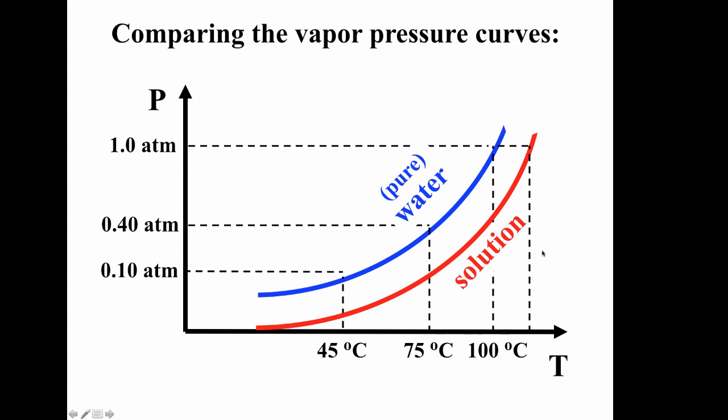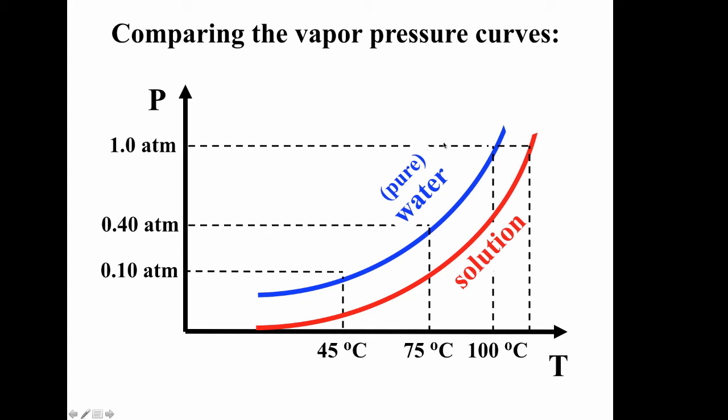And what that means is, now if we remember about what's required for boiling, at normal sea level conditions, we need the vapor pressure of either, in this case, pure water, the solvent, or in the case of the solution, the vapor pressure of the solution, to reach 1 atmosphere in order for boiling to occur. And for water, the pure solvent, that's at about 100 degrees.